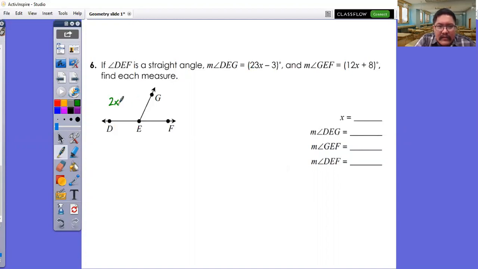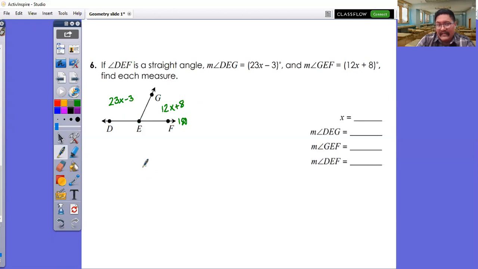That's 23x minus 3. And here I have GEF is 12x plus 8. And that just helps us organize it. And you could probably tell what's going to happen here because DEF is a straight angle. So we already know that from D through E to F is 180 degrees.